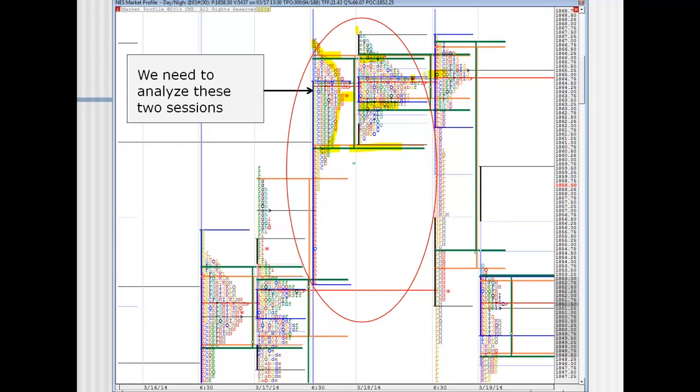Now, on the surface, that looks and seems to be a rather bullish open. And that's what's interesting here. As we begin to analyze and delve a little bit deeper and use some of the newly acquired tools and skills that we have at our disposal, you'll begin to see how you will be able to uncover things that may not be so obvious to the naked eye.